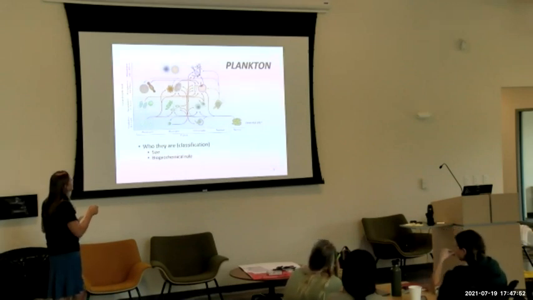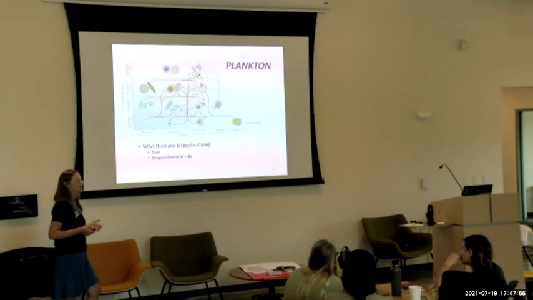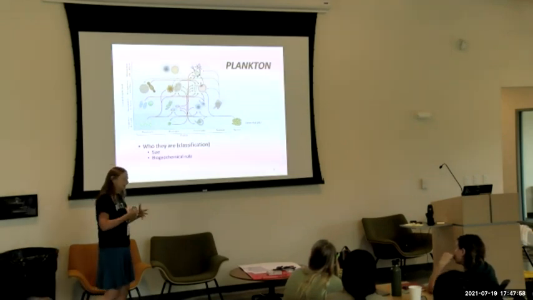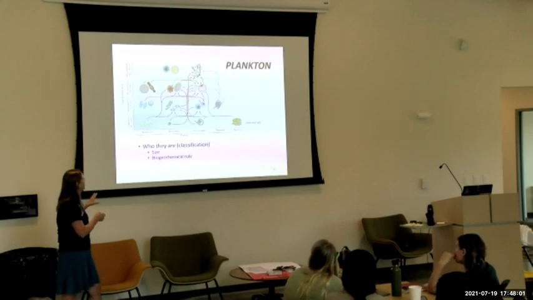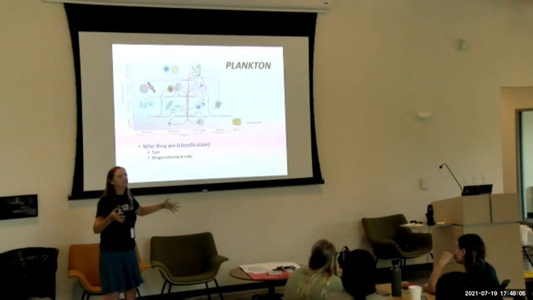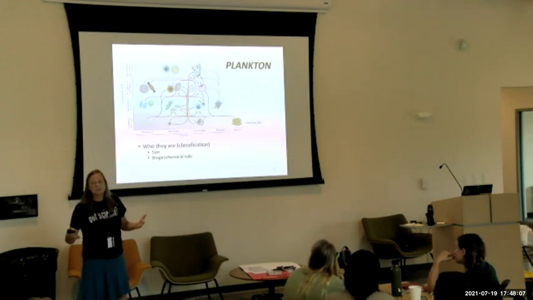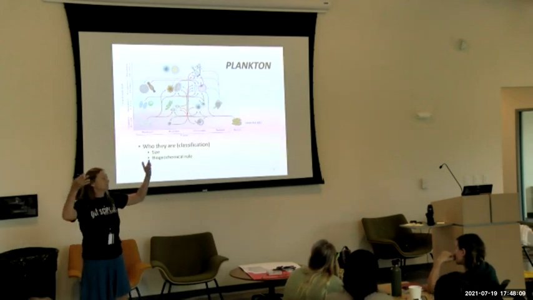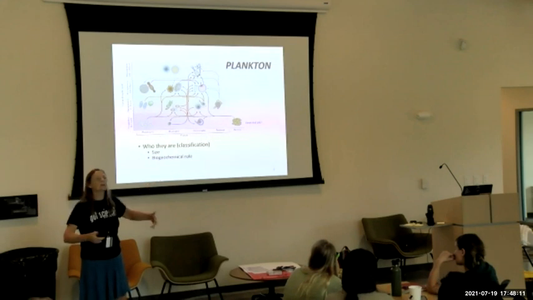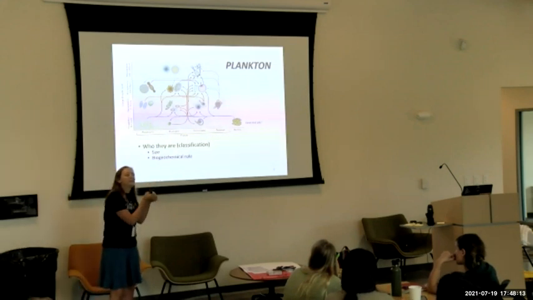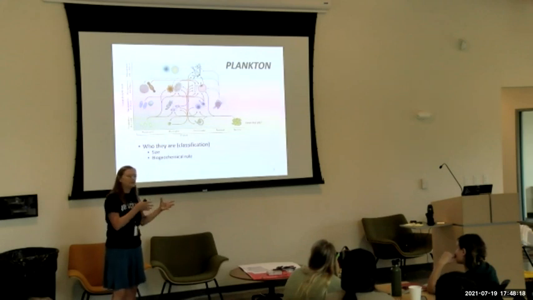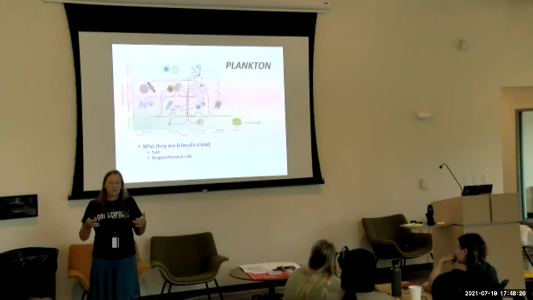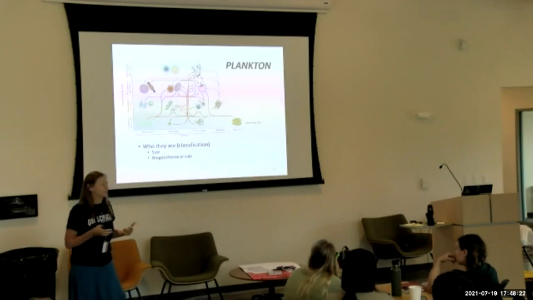As our community structure changes size, it also changes the biogeochemical role. If we have really large phytoplankton, you tend to have a whole different ecosystem than communities that only have very small phytoplankton, which tends to be more recycling. So you can sometimes use size as a proxy for ecological structure as well.